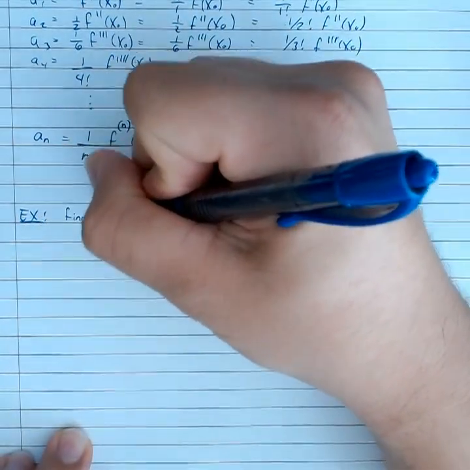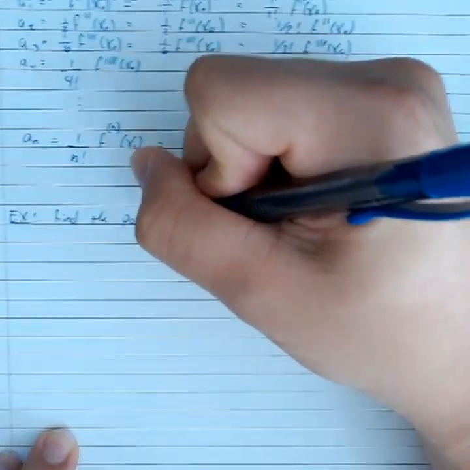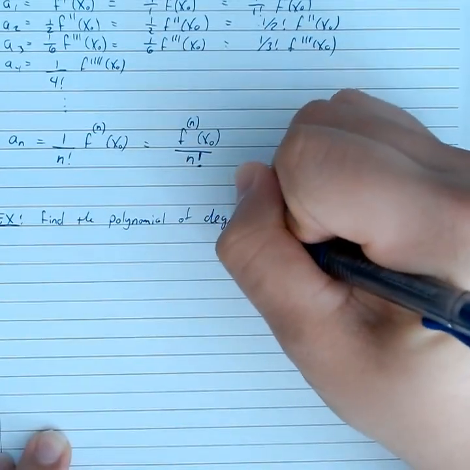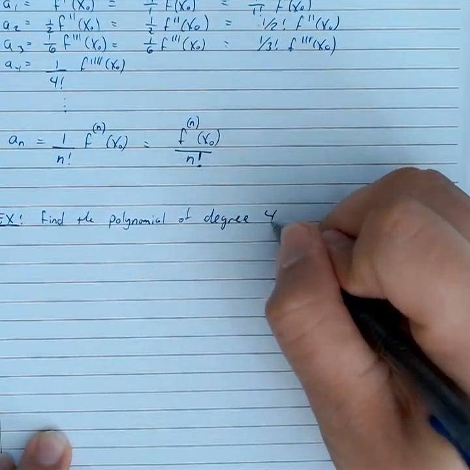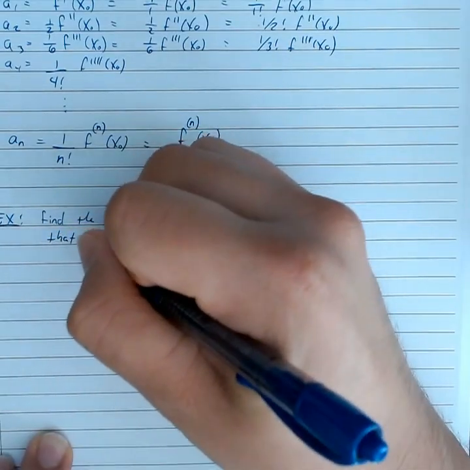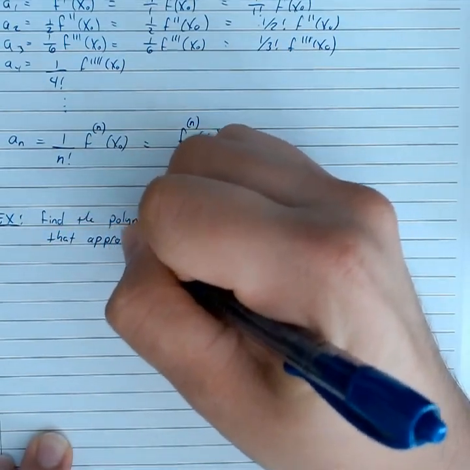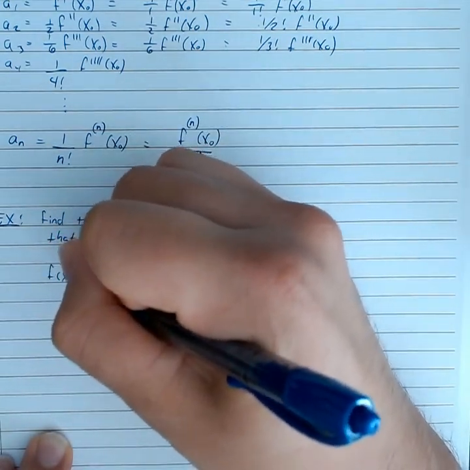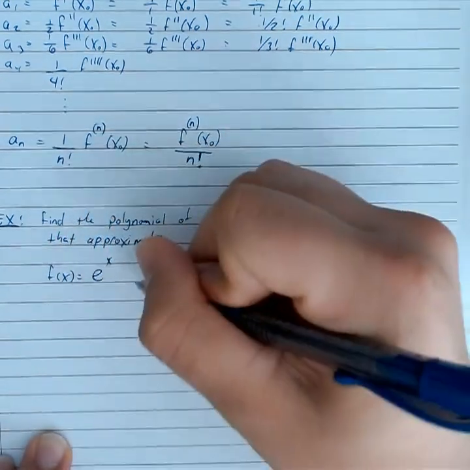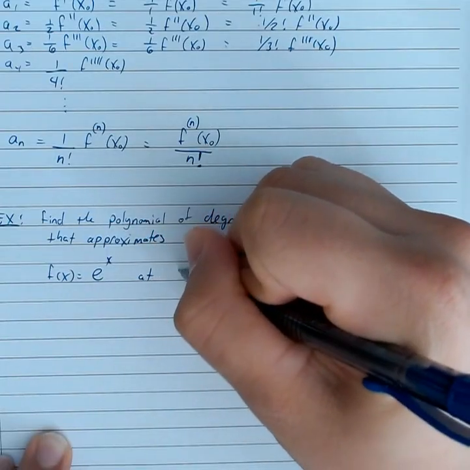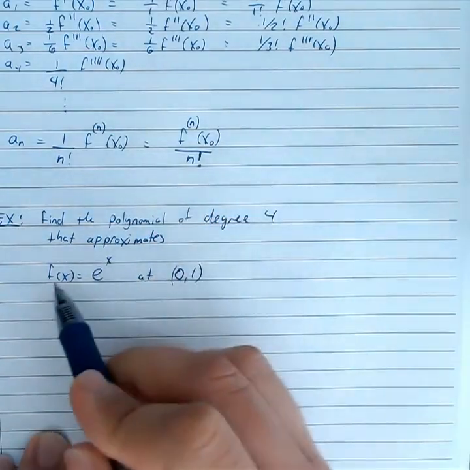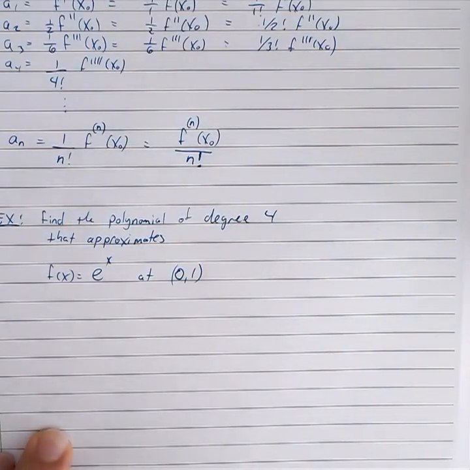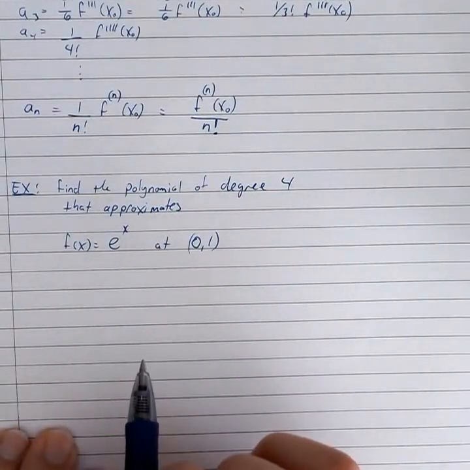Let's find the polynomial of degree, let's just say degree 4, that approximates f of x equals e to the power of x, and again we'll do this at 0, 0. Oh, sorry, not 0, 0, that would be 0, 1. The graph of this doesn't pass through 0, 0. It would pass through 0, 1. Okay, so let's say we have that.